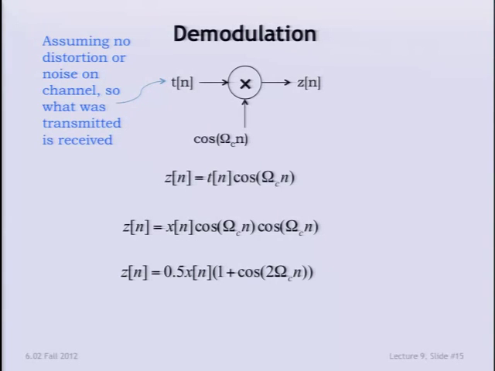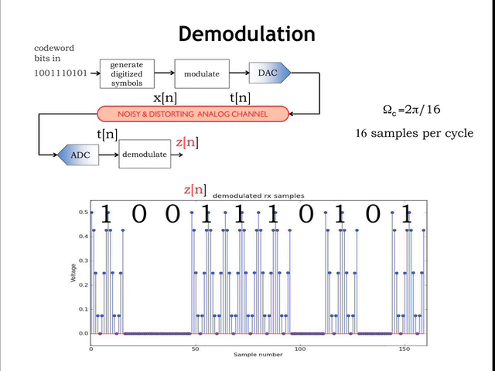OK, so here's what that looks like for the particular example we have. So you can see the double frequency cosine over here, right? And then the average value that cosine is riding on is going between 1 and 0 in this particular case.